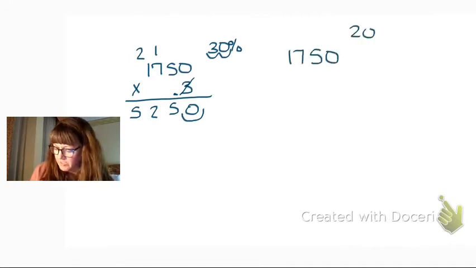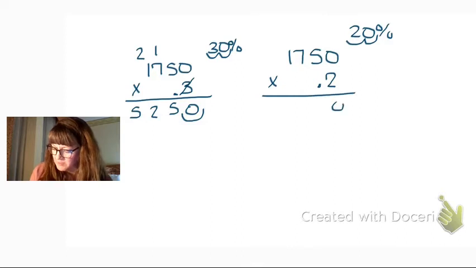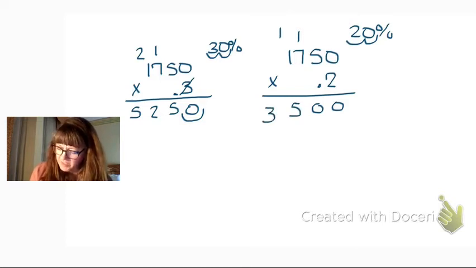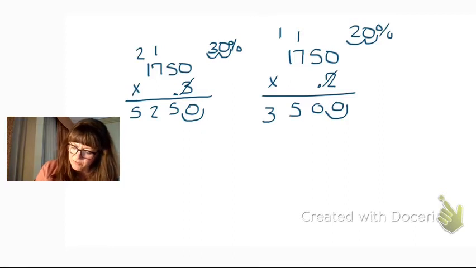And again, if we take 20% and move that decimal 2 to the left, that becomes 0.2 or 2/10. 2 times 0 is 0. 2 times 5 is 10. 2 times 7 is 14, plus 1 is 15. 2 times 1 is 2, plus 1 is 3. One digit after the decimal in the problem, so one digit after the decimal in our answer, and that's 350.